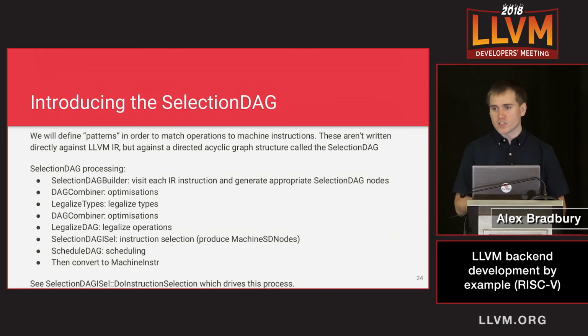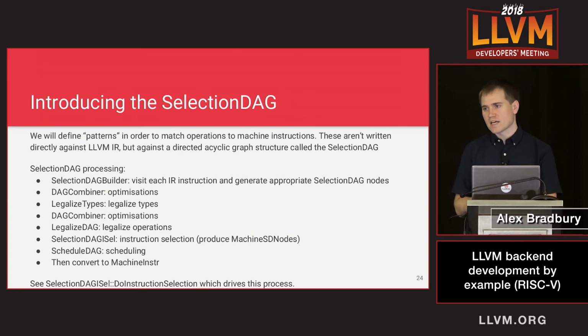It then goes through the first legalization step, which is legalizing the types. Let's say you're targeting a microcontroller that doesn't have any support for floating point. Your LLVM IR might have floating point types in it, but the type legalization pass will convert those to a legal type, let's say 32-bit integer.